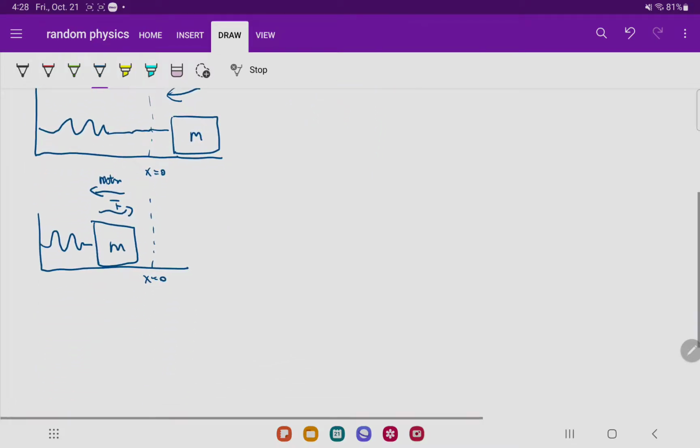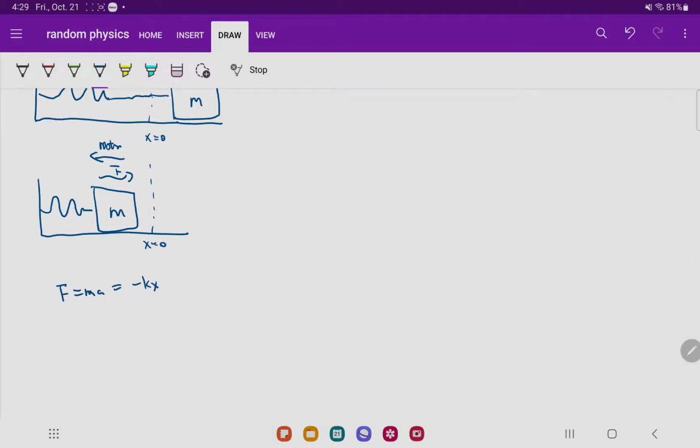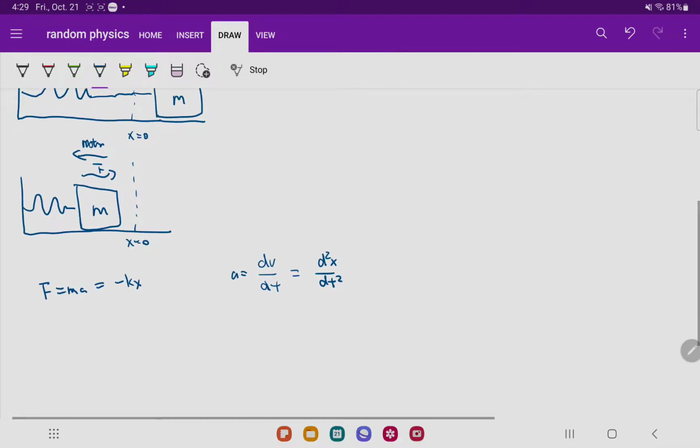So how are we going to write out the differential equation for our horizontal spring? Well, we know that F is equal to ma, Newton's second law. We make that equal to negative kx. If you learned calculus 1, you know that acceleration is the change in velocity, and the change in velocity is the second derivative of position.